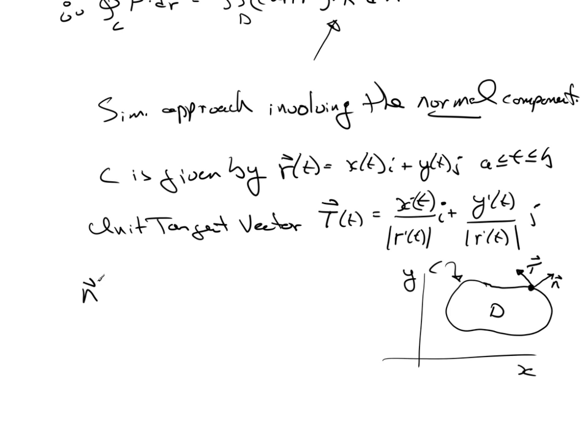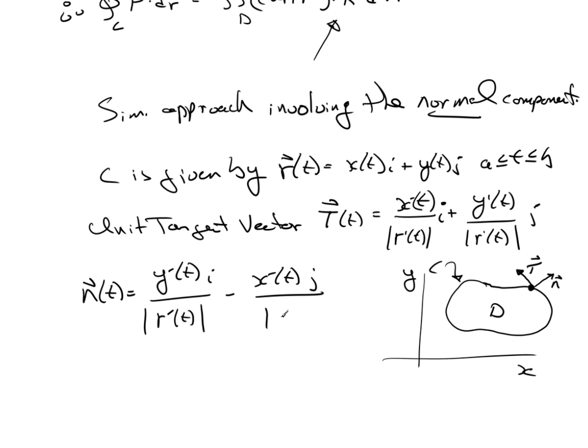Now, you can confirm that this normal component is going to be y'(t) i over the magnitude of r'(t), minus x'(t) j over, again, the magnitude of r'(t).